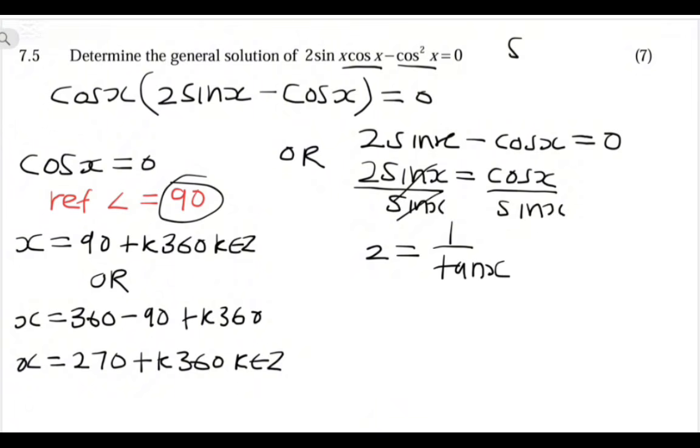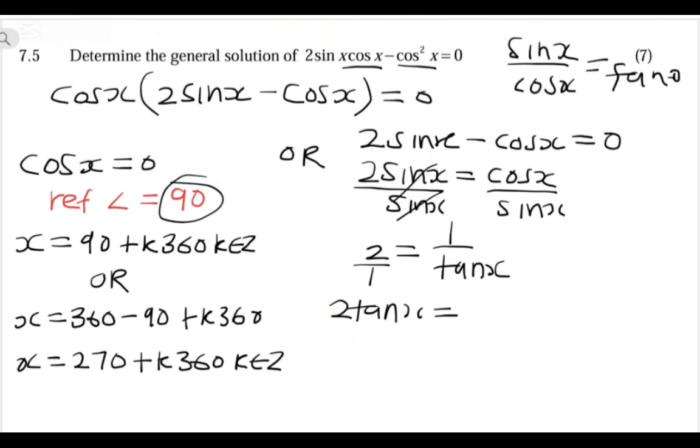Remember guys, sine x over cos x is the one that equals tan x. But if the cos is at the top, it means it's going to be 1 over tan, so we can just cross multiply this. Tan x times 2 is going to be equal to 1, and we can divide both sides by 2. And then tan x is going to be equal to 1 over 2.